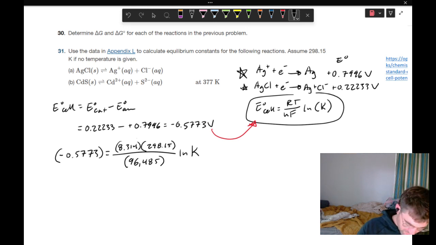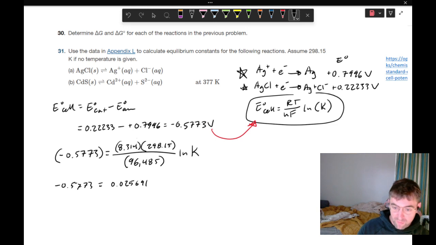Okay, let's simplify what we can. Negative 0.5773 equals, this fraction comes out to 0.025691238. I'm leaving all of these long numbers in there right now for the sake of precision.